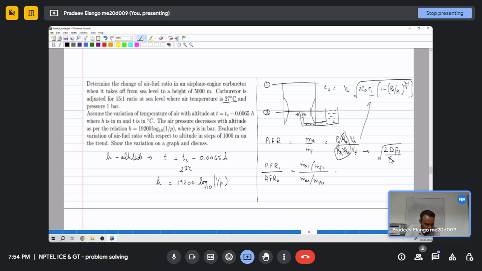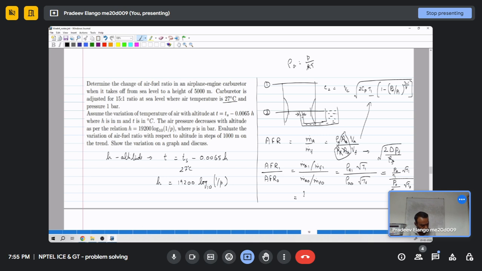Other things will change. So we can have here rho A1 into VA. In VA there is only the T1 term that comes into the picture. So here VA naught root of T0, and rho of A is P by RT, no? R is also constant, only P and T matter. And here you have P1 by T1 root of T1 by P naught by T naught root of T naught.